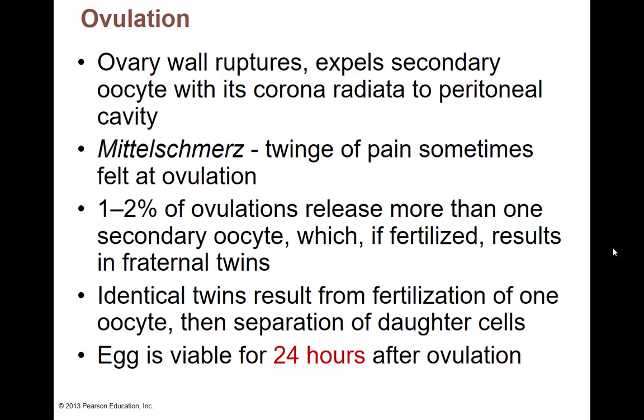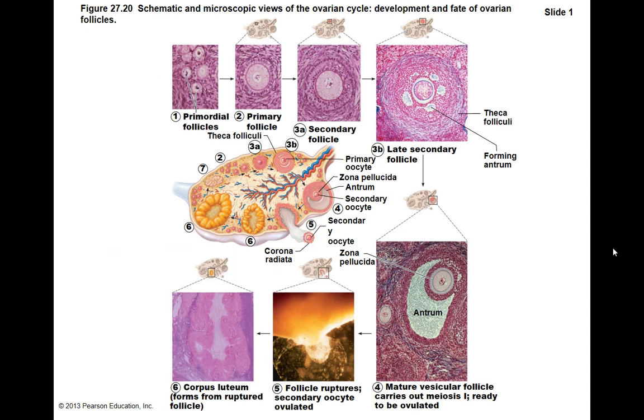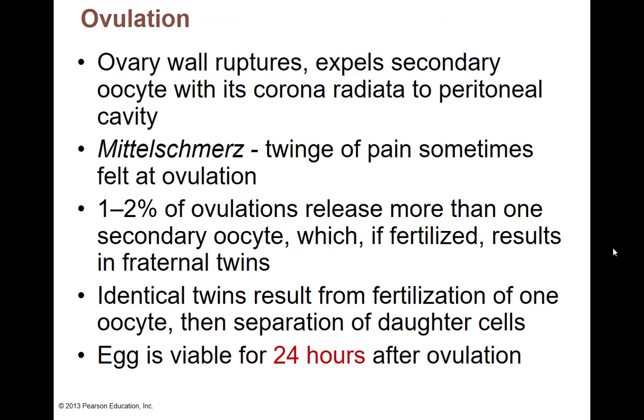And then on day-ish 14, you have your secondary oocyte in here. It will be released. I don't like this picture because it looks like the sun, but this egg will be released outside of the ovary. So here's your mature follicle, your secondary oocyte, that will be released on day 14.